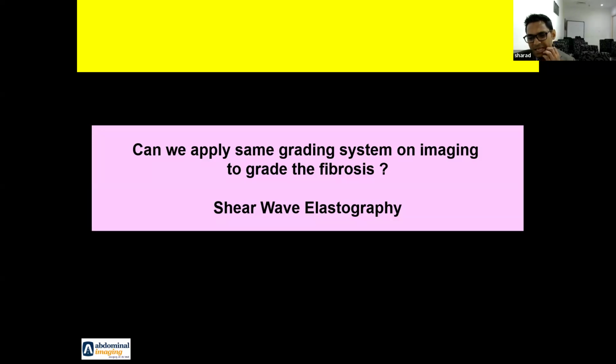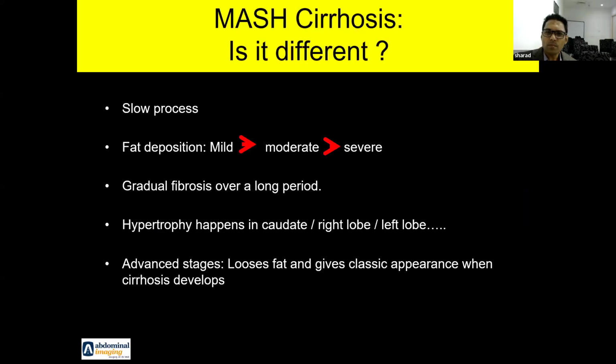But there is a stage where fibrosis has started, but the liver still has smooth margins. So MASH cirrhosis is a little different compared to other causes of cirrhosis like viral hepatitis. Why? Because it's a very slow process. The fat starts depositing, mild, moderate, severe, and the fibrosis happens over a long time.